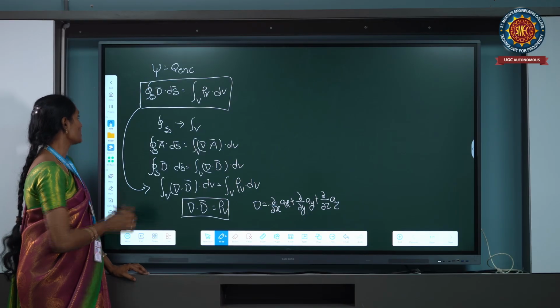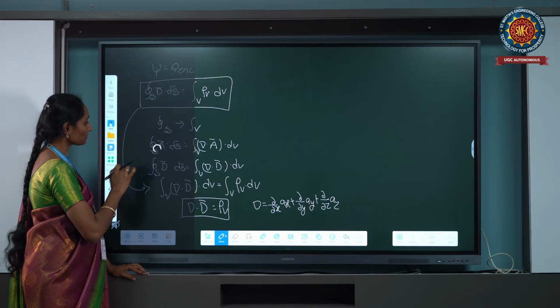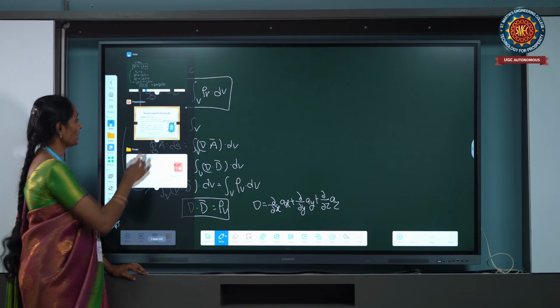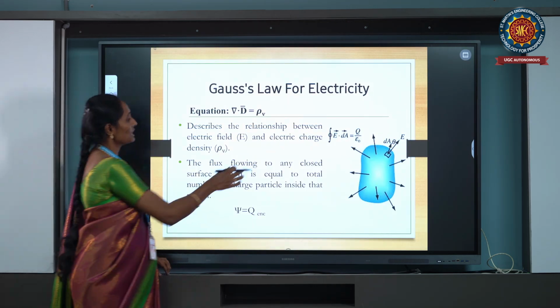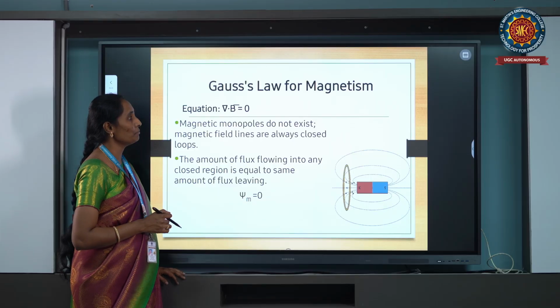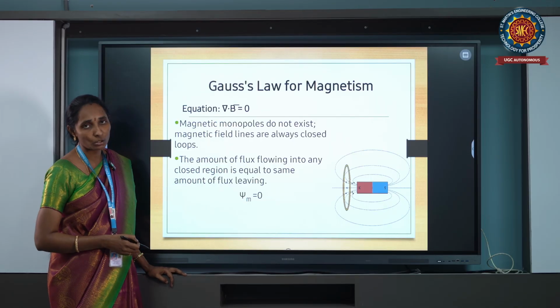Coming to Maxwell's third equation, it is also derived from the flux property, that is, from the magnetic flux property: del dot B bar is equal to 0.